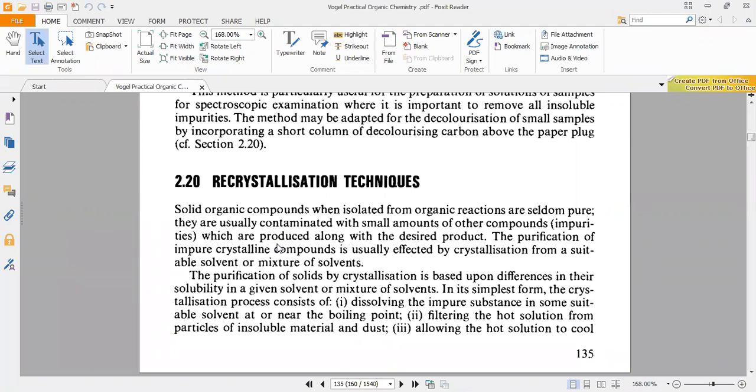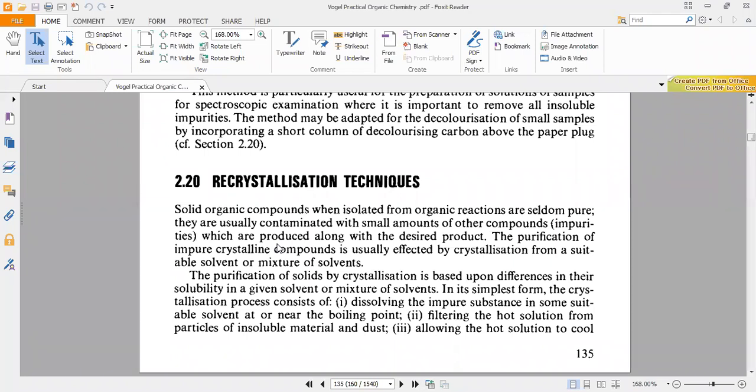With amorphous compounds, however, impurity settles down with the amorphous components, or you can say is entrapped in them when they are solidifying. So if anything gives an amorphous compound, it in fact has some impurity entrapped. But here we don't have impurity entrapped in them. So crystallization is believed to be a very good purification technique.